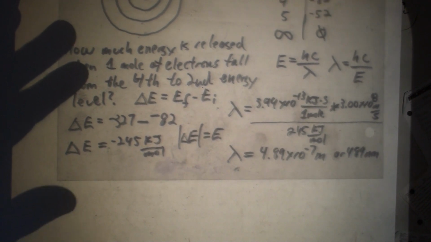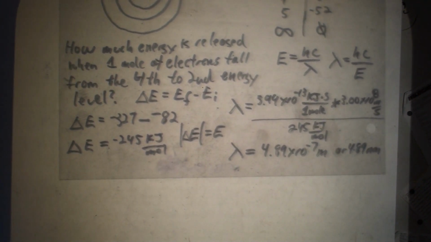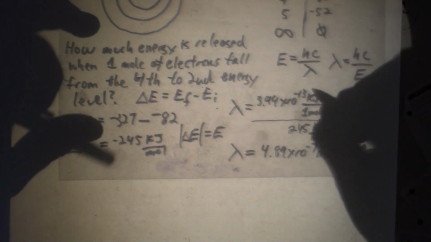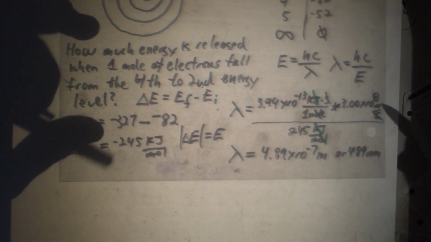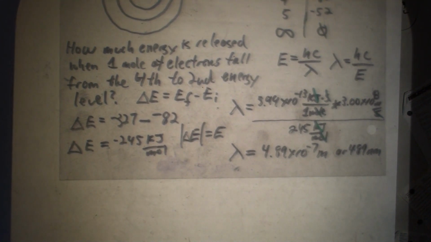Is it meters a second? Nope, just meters, because if you look at the units, kilojoules cancel with the kilojoules, moles cancel with moles, seconds cancels with second. The only unit left is meters, and wavelength should be measured in meters. But that's, again, an important thing to do, is always check to see that your units are being canceled.